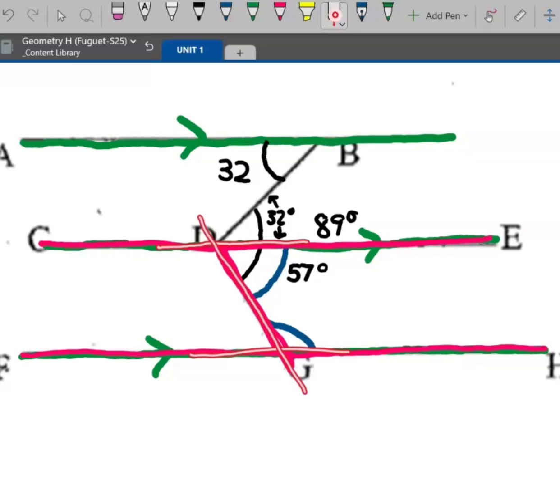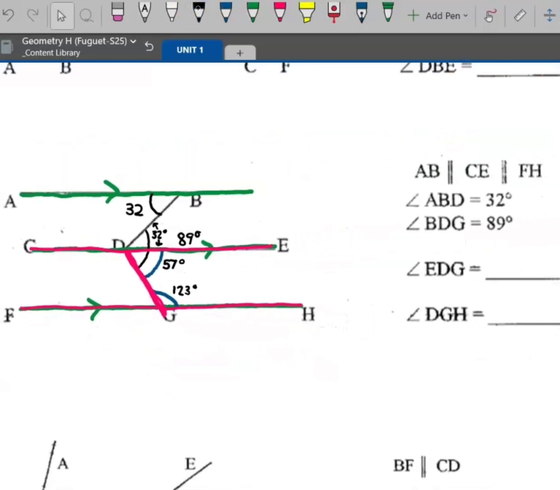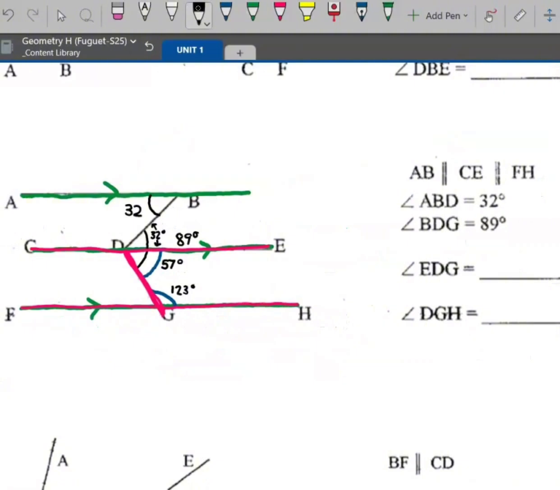We can see that the 57 and this angle here are same side interior with each other, which means they add up to 180. 57 subtracted from 180 gives me 123 degrees. And so for this problem, we got EDG as 57 degrees and DGH as 123 degrees.